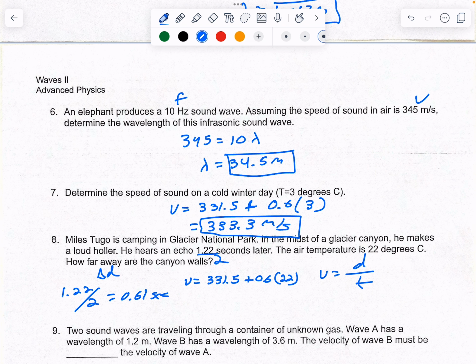I get a velocity of 344.7 meters per second. Now I have all my pieces, so 344.7 equals distance over my time of 0.61. Multiply both sides by 0.61, and my distance is 210.27 meters.